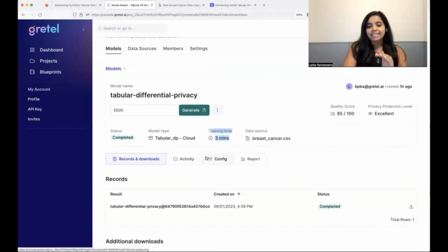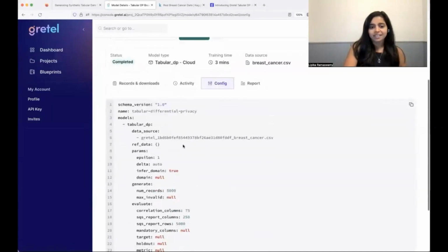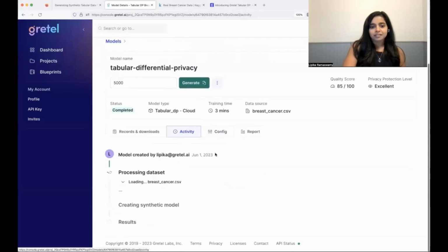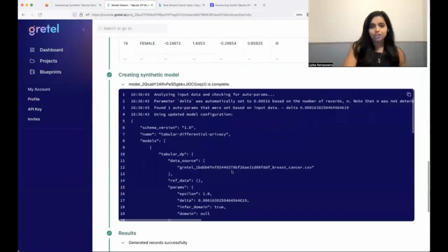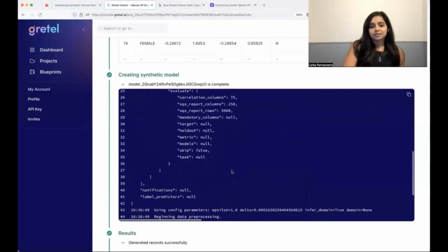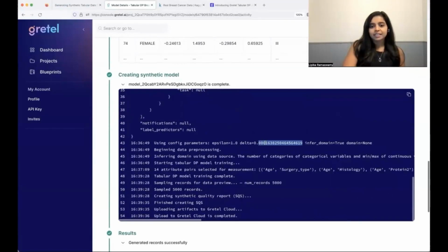For this model, it's exactly the same configuration that we just set, so it's an epsilon of 1. And we go to the activity. Here we can see some information in the logs. So, all right, we can see the delta was automatically set to this value, which is 0.00016. This is 1 over the number of records in the data set.